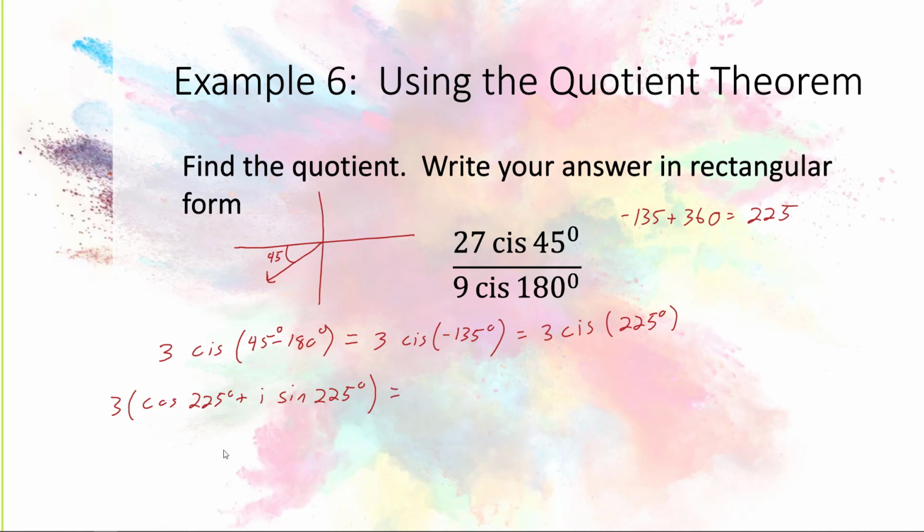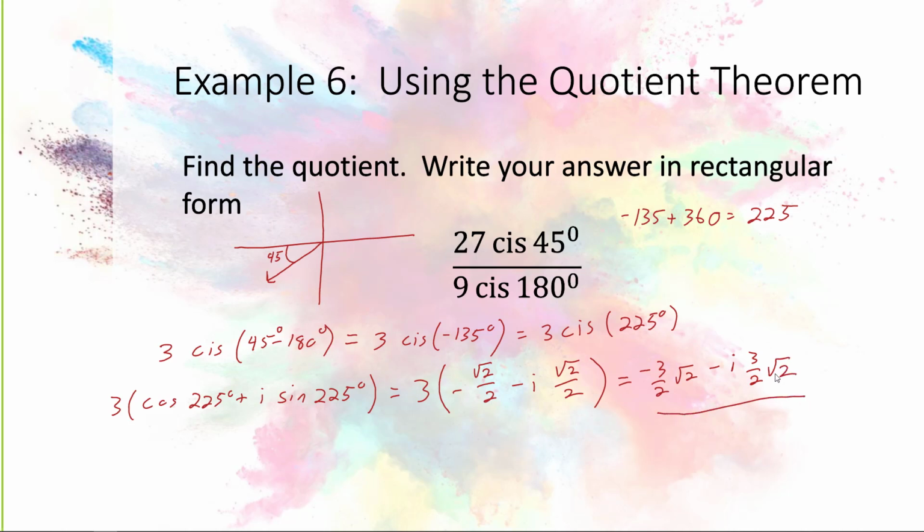We are in quadrant 3, so both cosine and sine are negative. So that will give us 3 times, well, cosine of 45 is root 2 over 2. However, it's negative, minus I root 2 over 2. And then our final answer is going to be negative 3/2 times the square root of 2 minus I times 3/2 times the square root of 2. And that would be our answer in rectangular form.